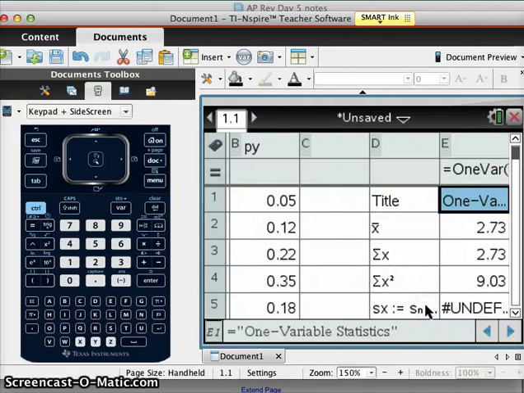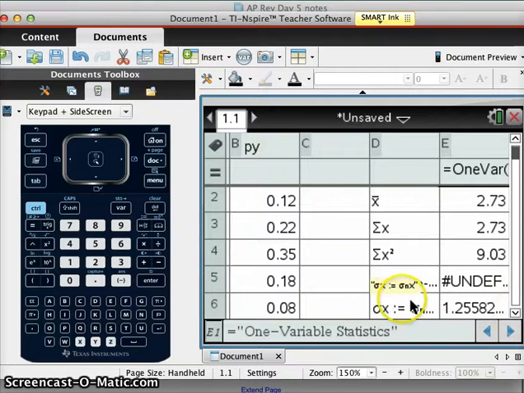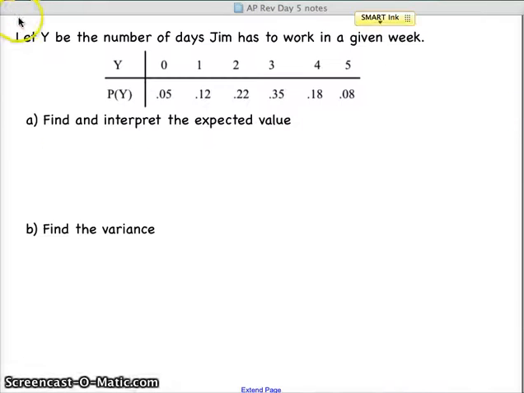Then you hit OK. So right here, this X bar, 2.73, that's the expected value. And the standard deviation, you got to go down a little bit. Right here is the standard deviation. That's 1.25582.